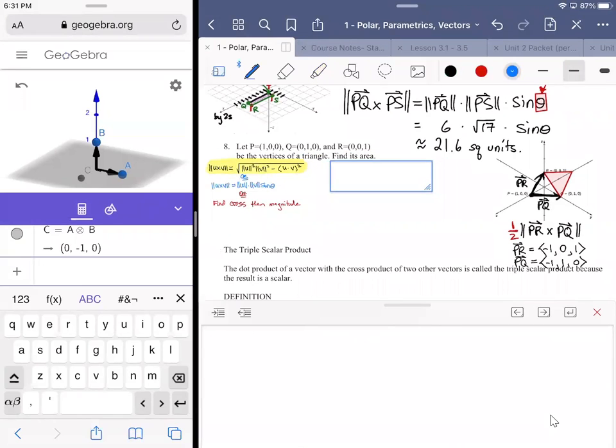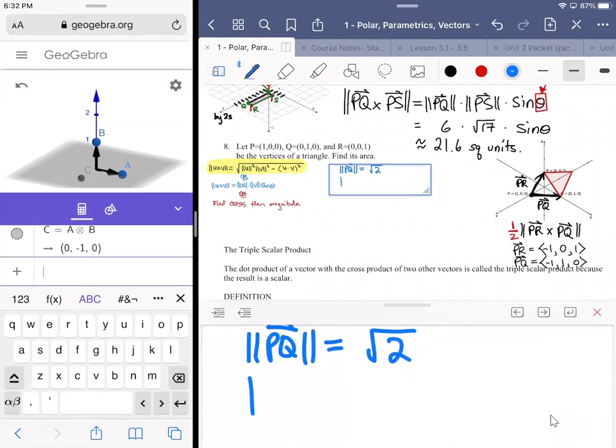I'd be looking at the magnitude of PQ, which is the square root of the squared values. So we're talking about 1 plus 0 plus 1. So under a radical is going to be radical 2. Then PR, well, actually, that should have been PR. So PR is radical 2.